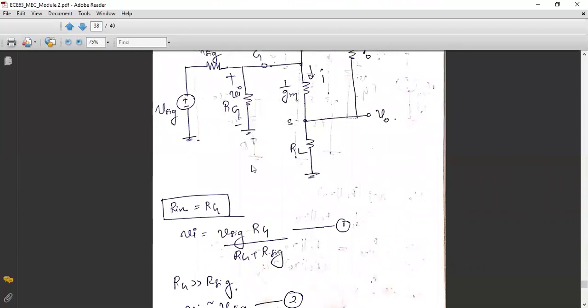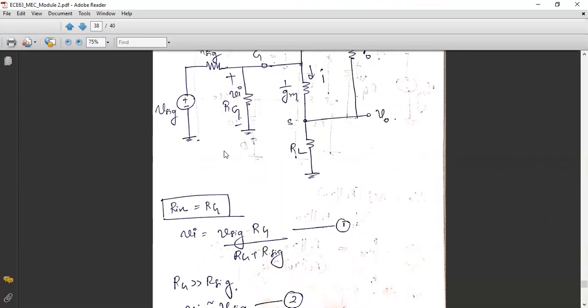Now, again, just like the previous derivation, we will find out the relation between Vi and Vsig. Clearly, it is understood that Vi is not equal to Vsig. Of course, you are having a voltage drop across the resistance Rsig. So you have to apply the voltage divider rule. What is Vi? Vi is the voltage that you have across Rg.